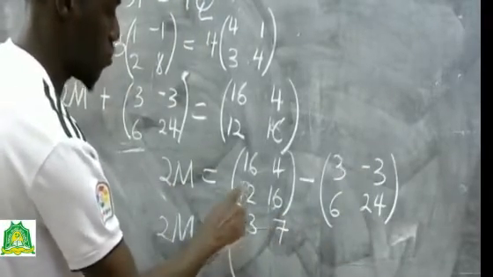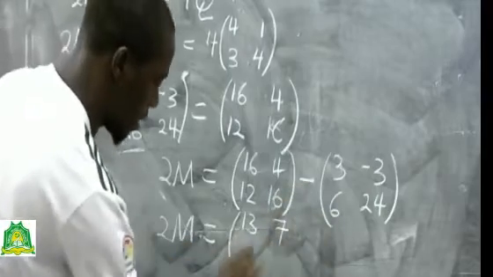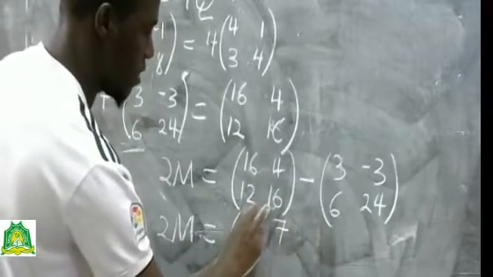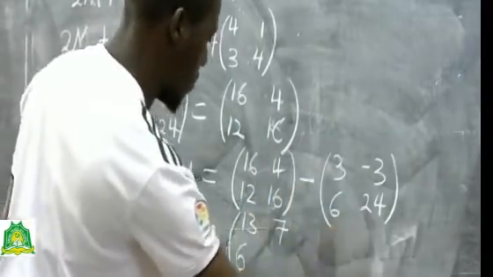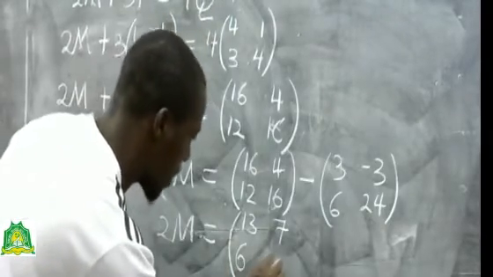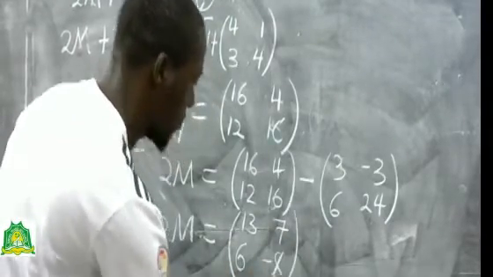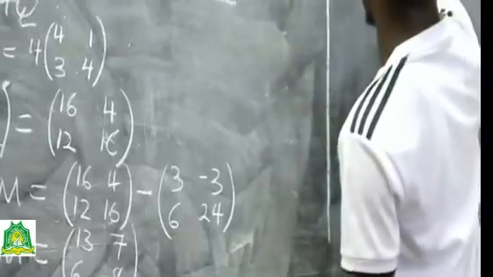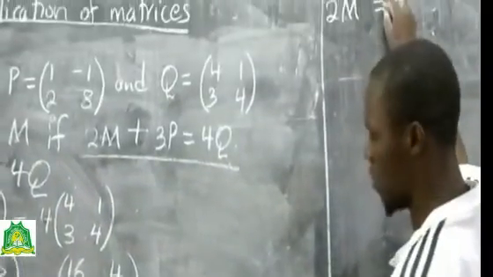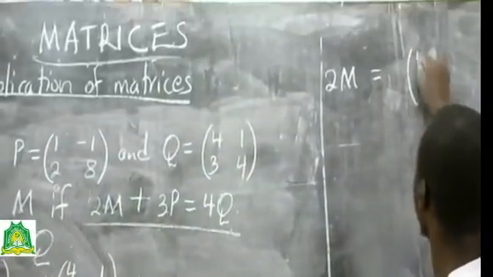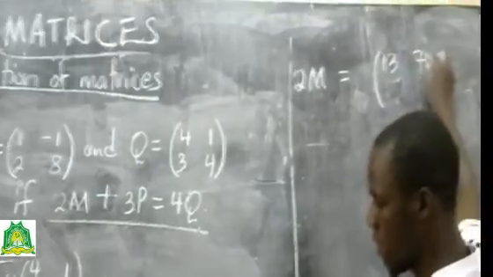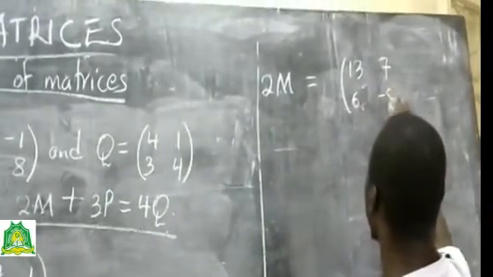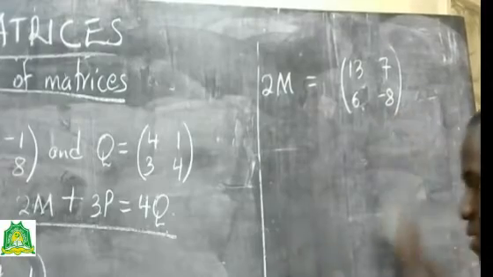Then 12 minus 6 is 6. Then 16 minus 24 is negative 8. So my 2M is going to be equal to 13, 7, 6, negative 8.